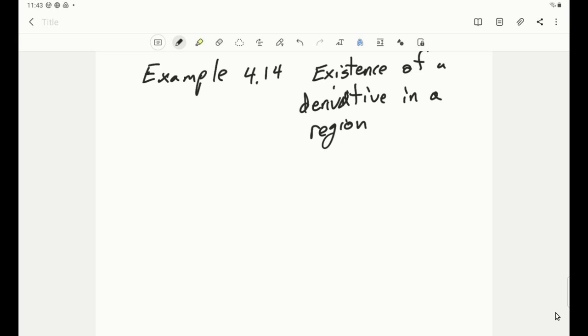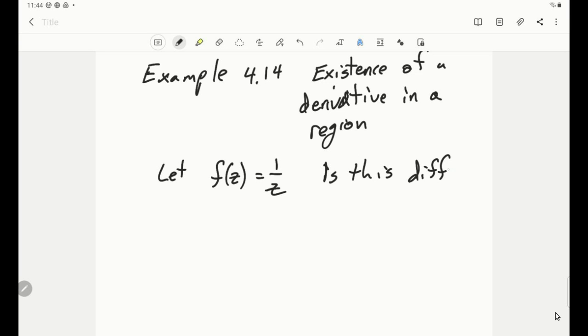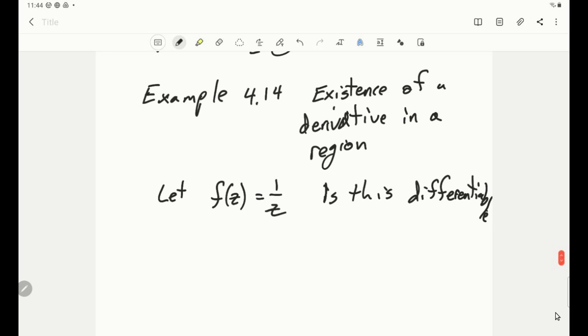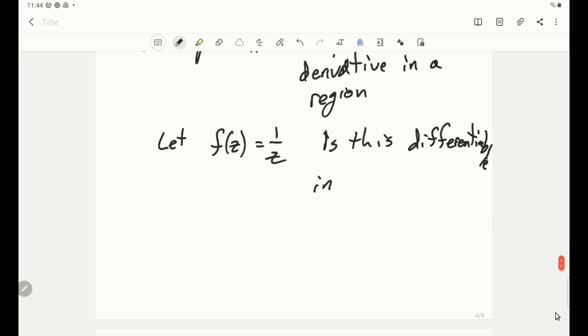So they say, well, let's let little f of z equal 1 over z, and the question is, is this differentiable in the unit disk?